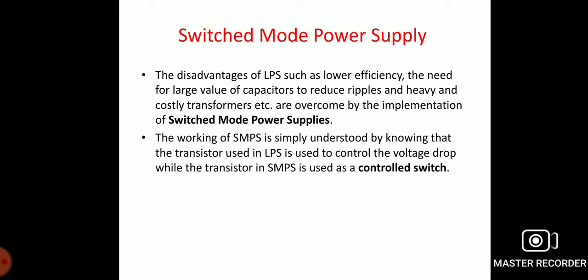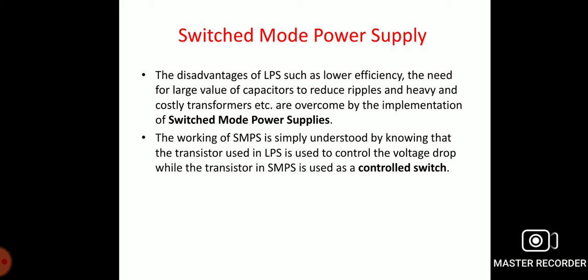First of all, why do we want to go to the SMPS, switched mode power supply? The disadvantages of the linear power supply, such as lower efficiency, the need for large value capacitors to reduce ripples, and heavy and costly transformers, are overcome by the implementation of switched mode power supplies.